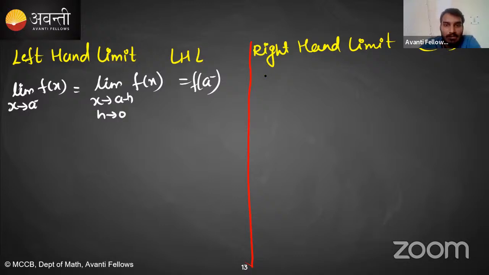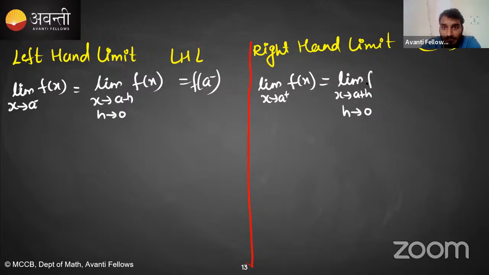So it means limit x tends to a plus f of x, which is nothing but limit x tends to a plus h, where h is tending to 0, f of x. Okay, it is nothing but f of a plus. Is this clear? So this is left hand limit and right hand limit.